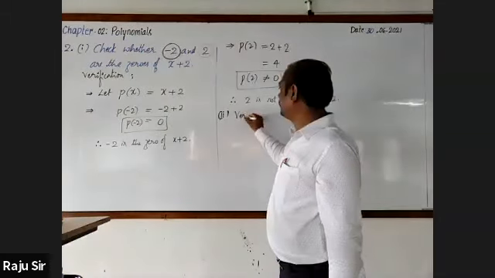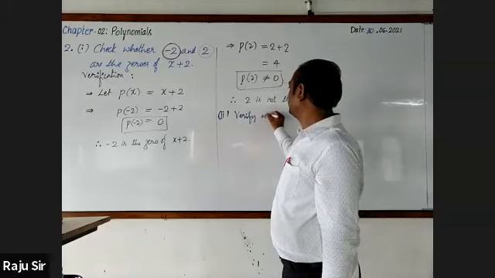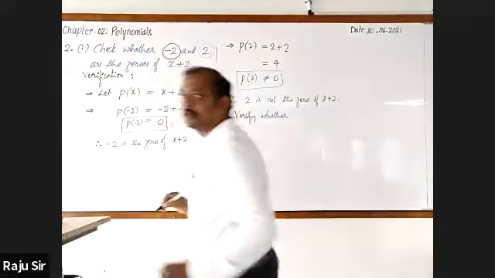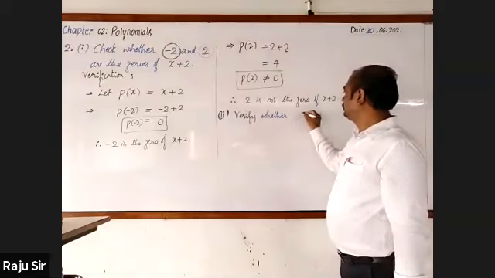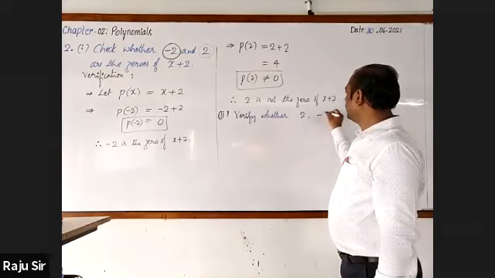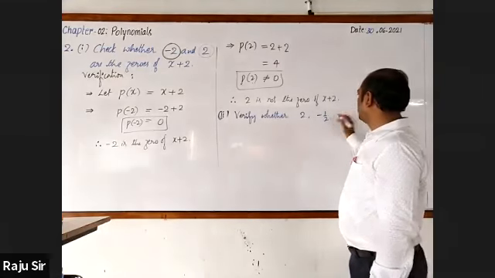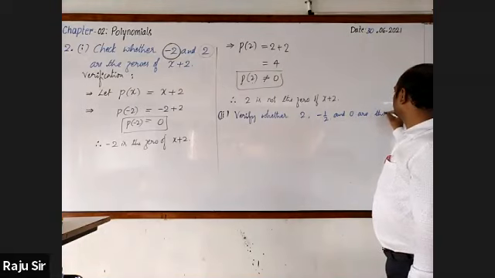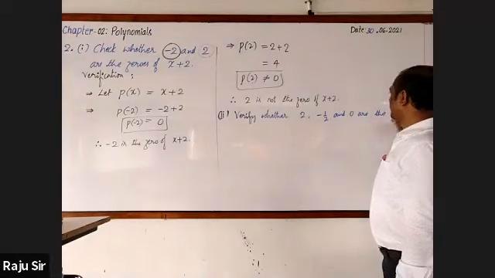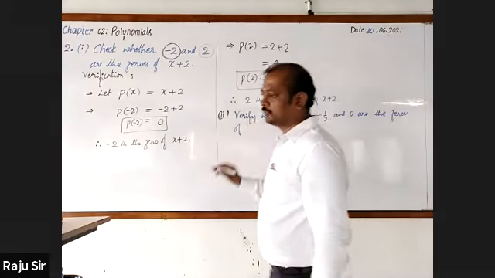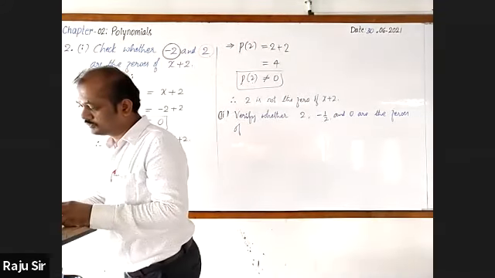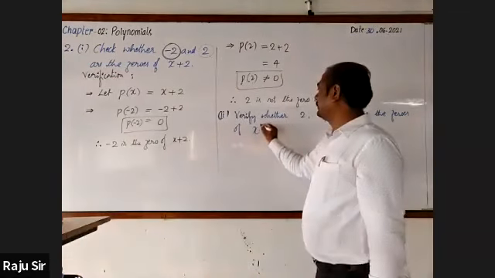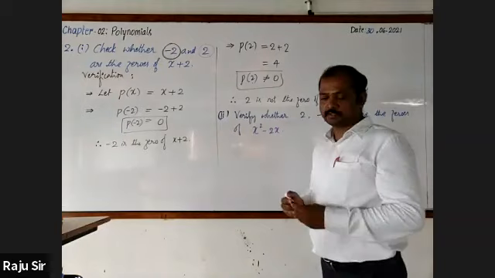Verify whether 2, minus 1 by 2 and 0 are the zeros of x square minus 2x.